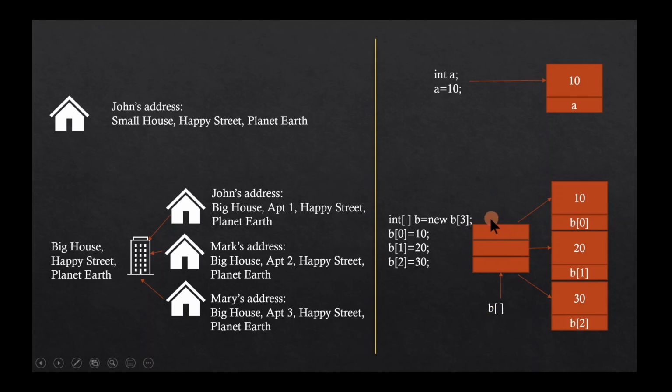If you access b, you access like this. If you want to go inside this and get into individual elements or store them, you will have to access them using these indexes, which are very similar to how you are accessing individual apartments within a bigger apartment. Make sense? Now let's go back to C# and see how arrays are used.